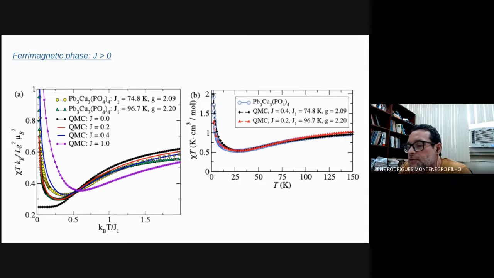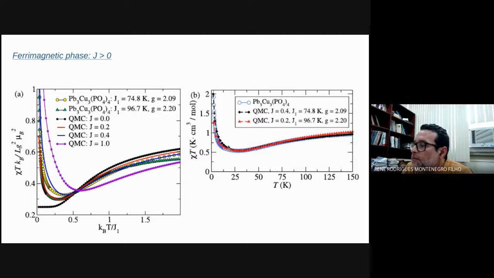For lower temperatures, here, this red cube, the J value is 0.2. So our fitting of the experimental curve is better if we use two values of J, one for the higher temperature region, 0.4, and one for the low temperature region, 0.2.